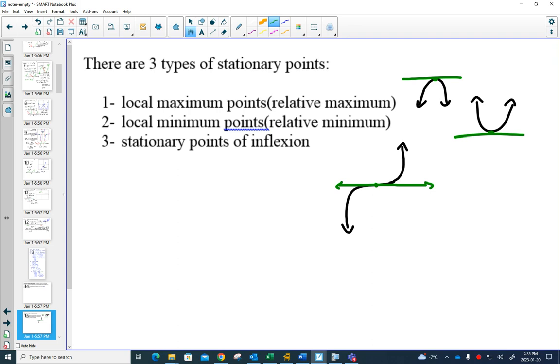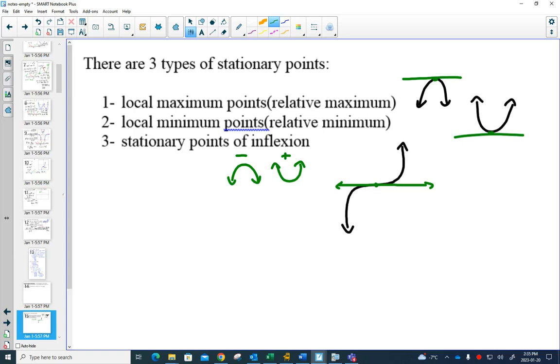We will find out later that inflection points, I guess you're going to find out right now. You're going to find out later, and also right now, that inflection points are where your graph changes from being bent downwards to bent upwards. And we're going to call this concave down to concave up. This will be sad, and this will be happy.